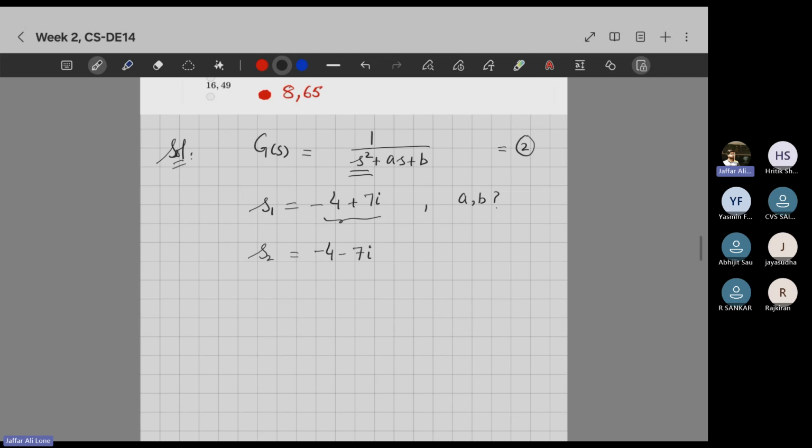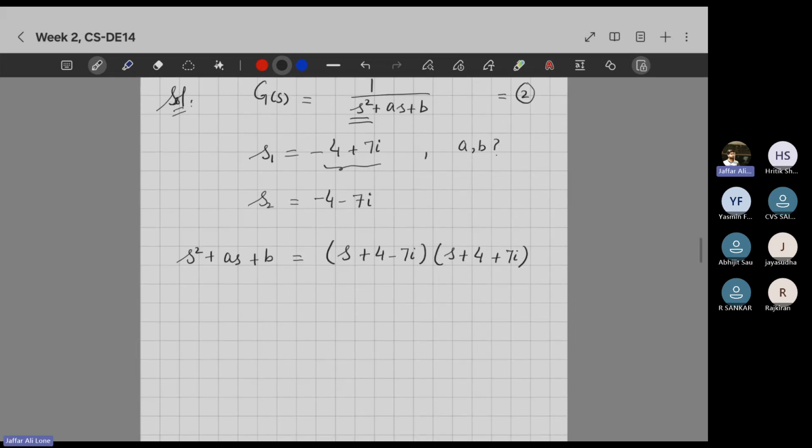Then we can write s square plus as plus b as (s plus 4 minus 7i) into (s plus 4 plus 7i). Because there are two poles, when you put the first factor equal to 0 you get the first pole, and if you put the second equal to 0, you get the second pole.